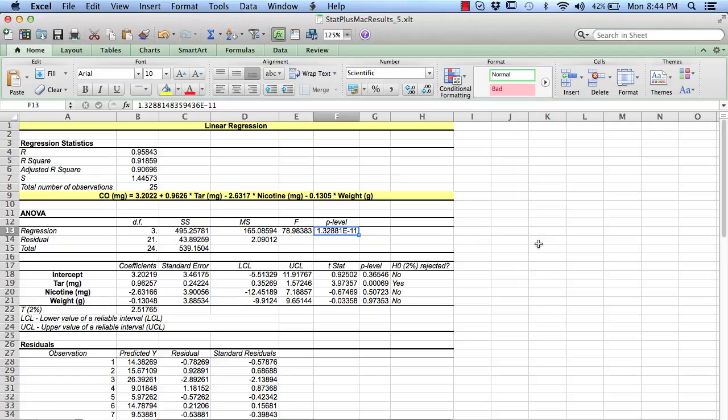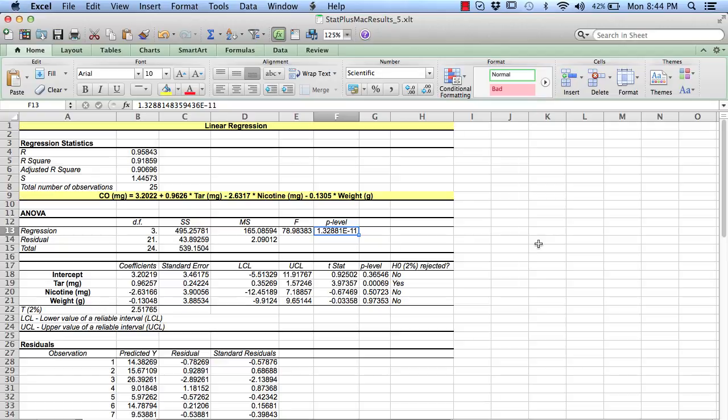So that our model gives us predictive power because there's actually a relationship between the independent variables and the dependent variable, rather than just being due to random chance.